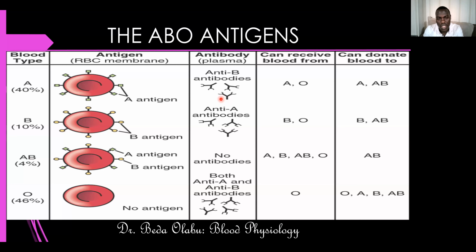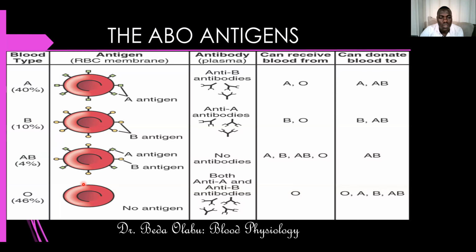This is what we call antigen A, and this is what we call antigen B. So an individual might have antigen A on their red blood cells, and they don't have antigen B. That person will be classified as blood group A. An individual might have antigen B on their red blood cells, and they don't have antigen A. That person will be classified as blood group B. Another individual might have both antigens, and so you classify them as blood group AB.